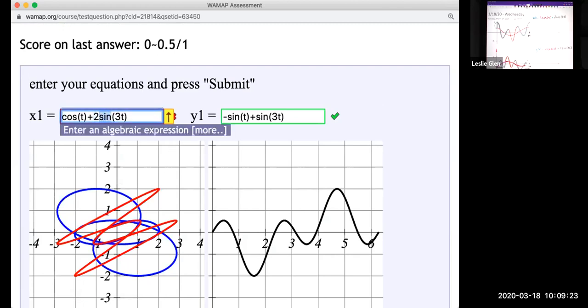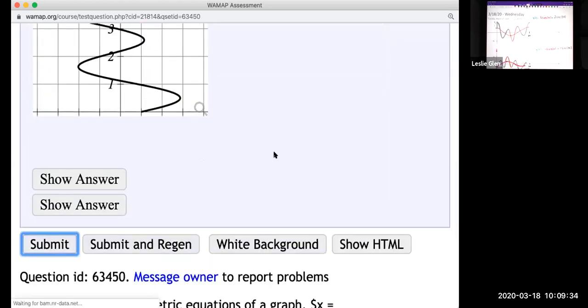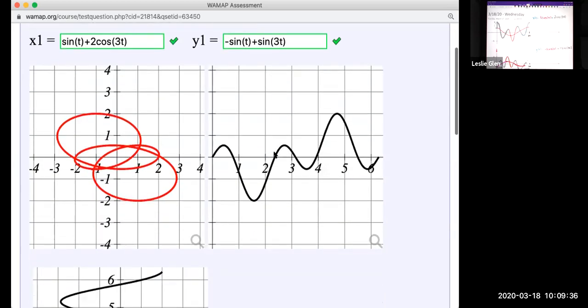What about the other one? Can you see why I'm doing that? Why instead of 2 sines and 2 cosines, I want some different combination of those things? Oh, well, there you go. There is no harm in playing around with things like that. Obviously, that got us the right answer, right?